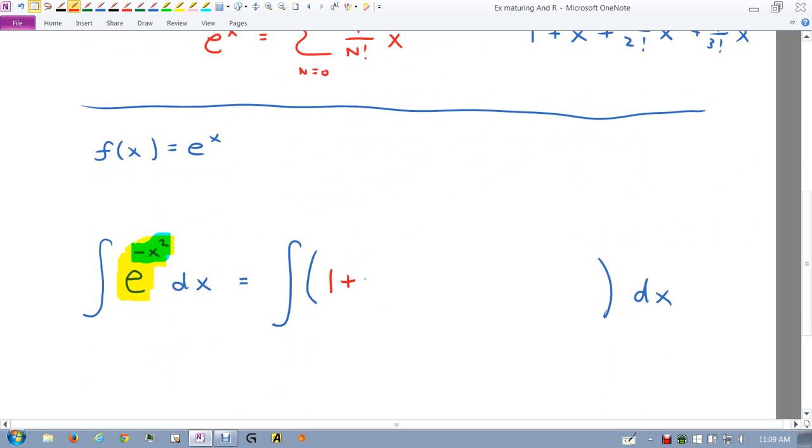1 plus negative x squared plus 1 over 2 factorial, negative x squared, squared, plus 1 over 3 factorial, negative x squared, cubed. Understand? Plus dot, dot, dot.